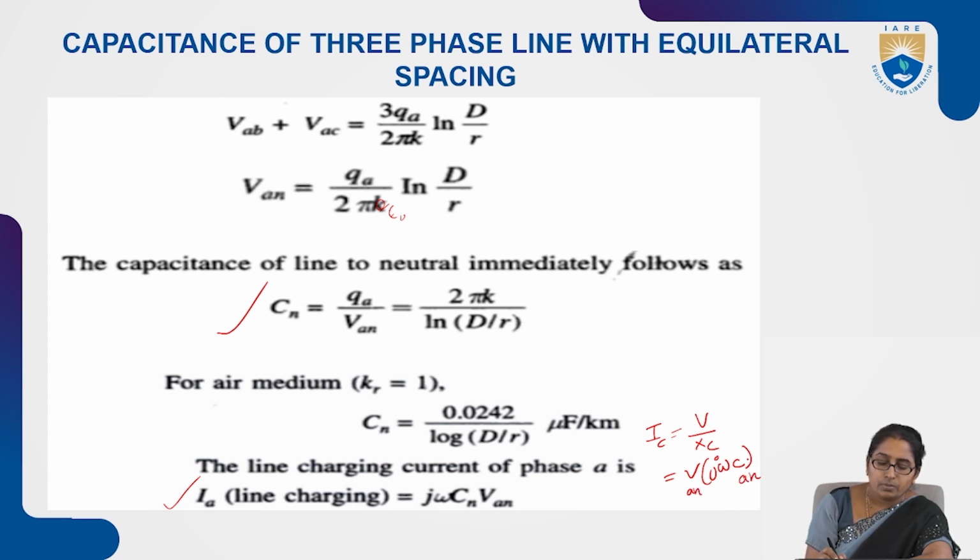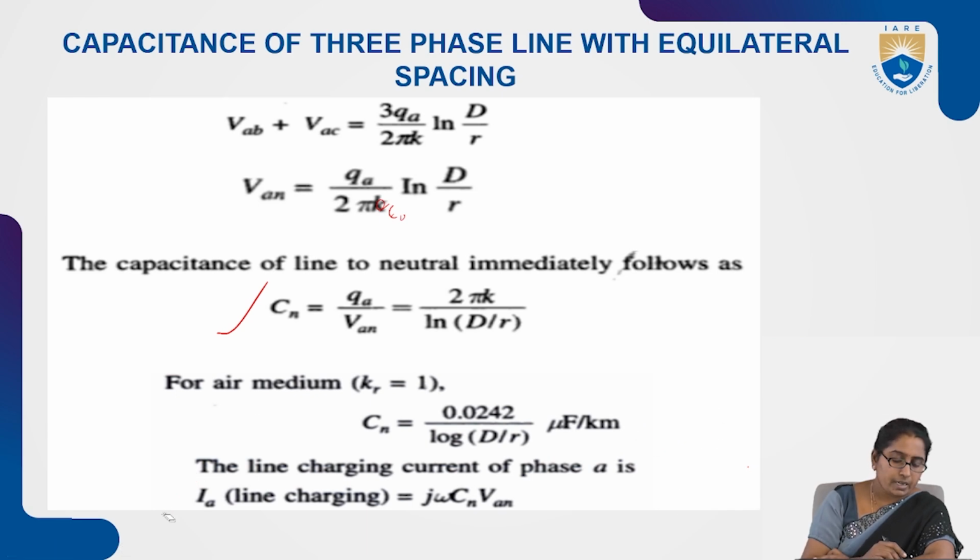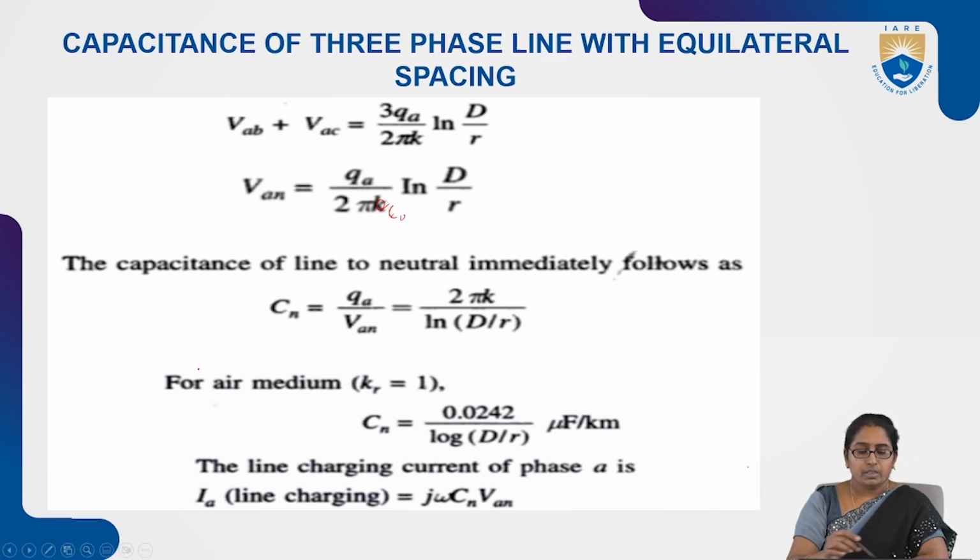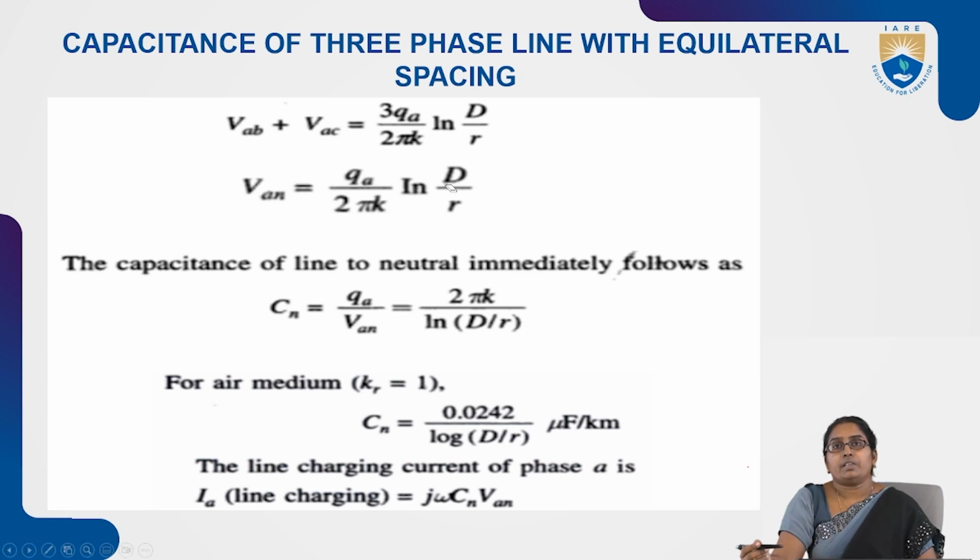Capacitance also with respect to one conductor. So that's why the charging current is calculated as V J omega CN, VAN, CN or CAN. So that is how the capacitance for a three-phase line is calculated.